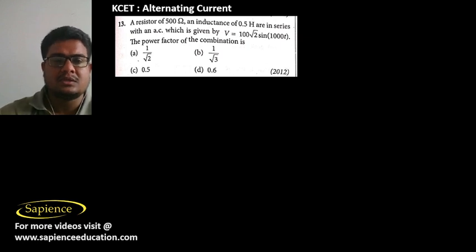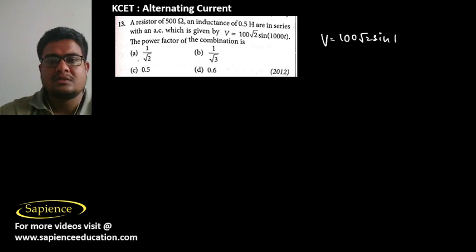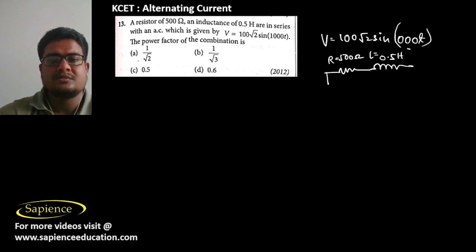Then it is told a resistor of 500 ohm and an inductance of 0.5 Henry are in series with an AC source given by V equal to 100 root 2 sine 1000 t. Resistor is there and an inductor is there, 0.5 Henry is the inductance, resistance is 500 ohm. That is series.